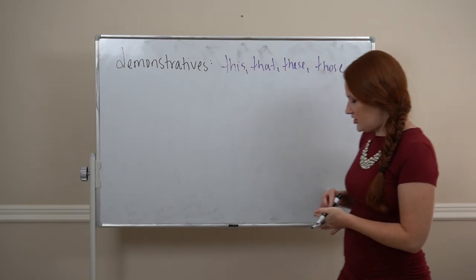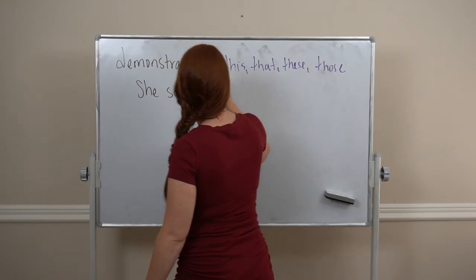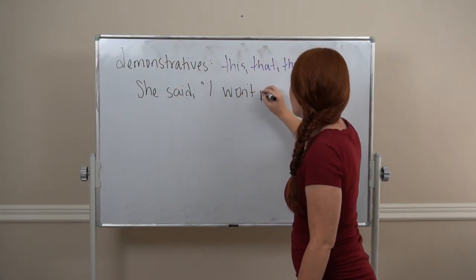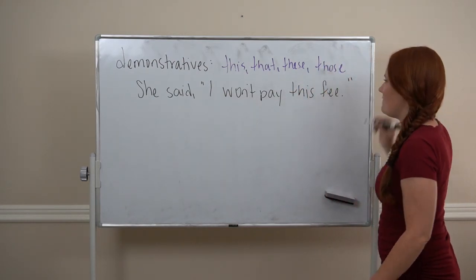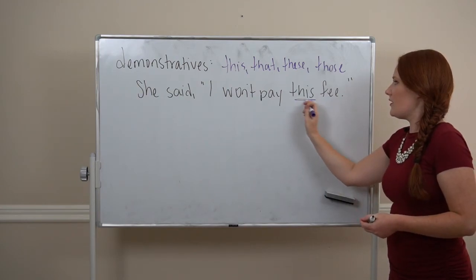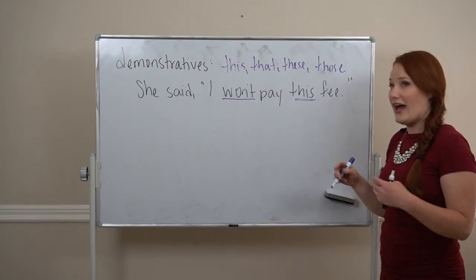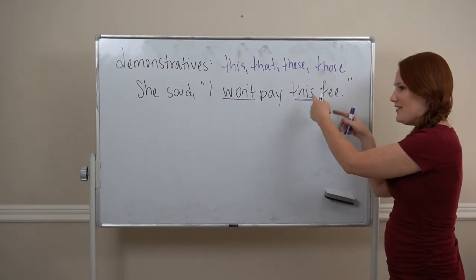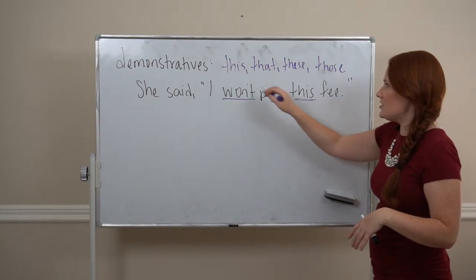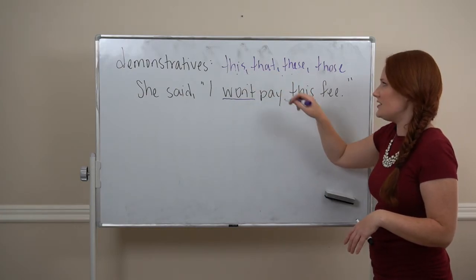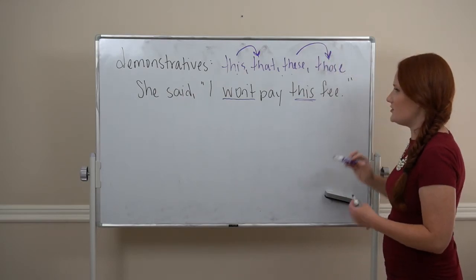So if she said, "I won't pay this fee." This is our demonstrative, and we have to change the verb too. When I'm telling you about it, I don't have this fee right in front of me. I'm not being specific about this one. So we'll change our close by demonstratives to the further away demonstratives.